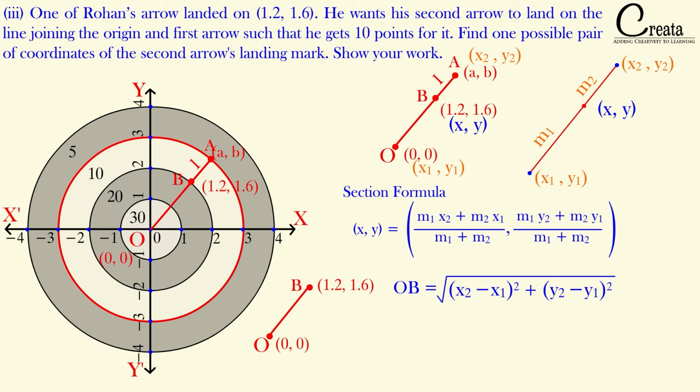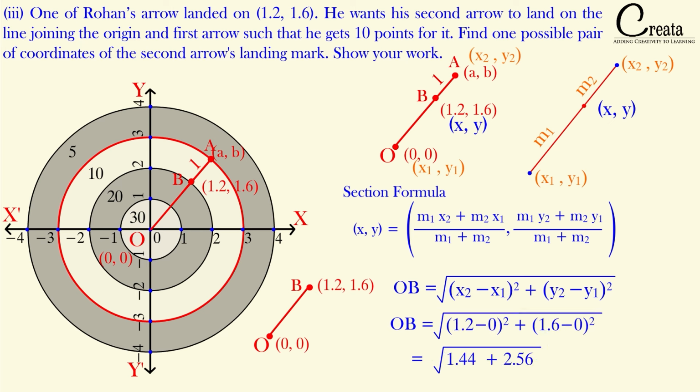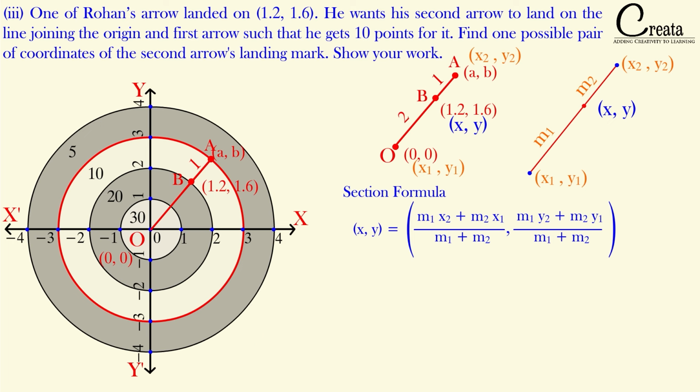Right, we can directly apply the distance formula. You can assume any point as x1, y1 and any point as x2, y2 just for calculation of the distance. Let's put the value. Let's solve it. On solving, we got the distance as root of 4, that is 2 units. We got OB 2 units and AB as 1 unit.